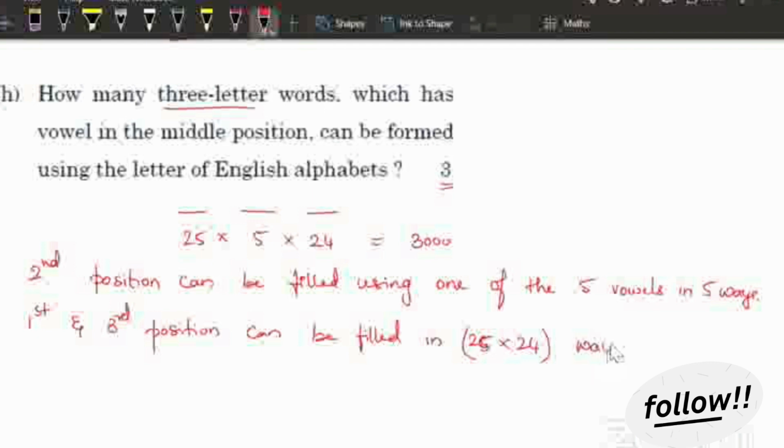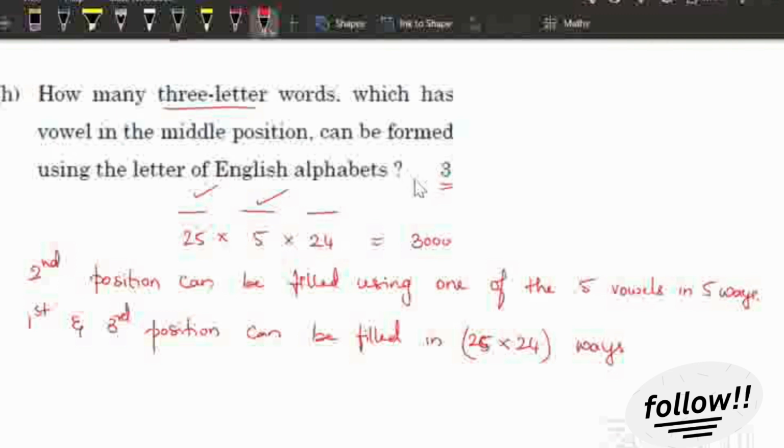All of you understood why 25 into 24? Because one letter we have used here out of 26 letters, and we have 25 letters remaining. So I can choose any of those letters here. So I have 25 options. And since now 2 letters are used, I have 24 letters to fill the third position.